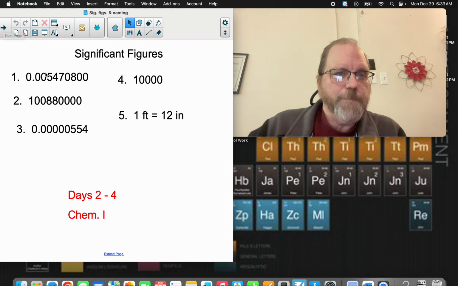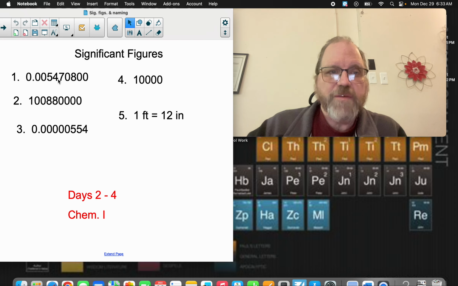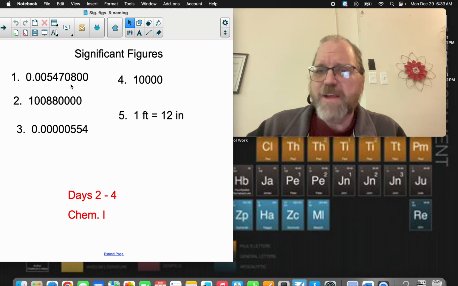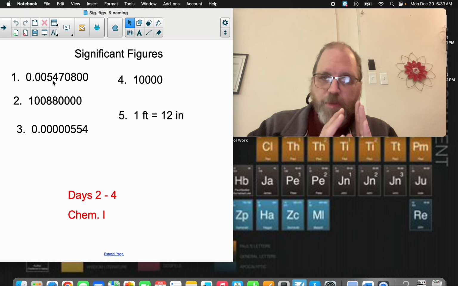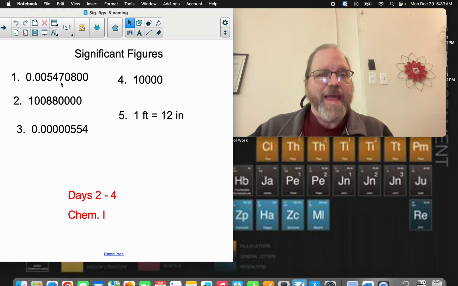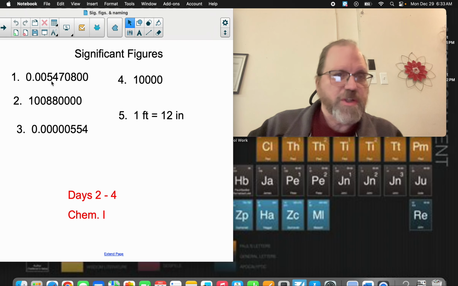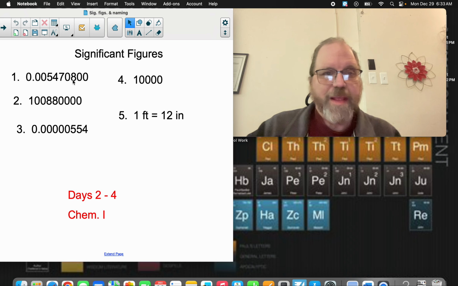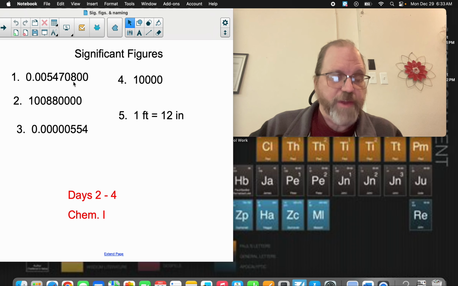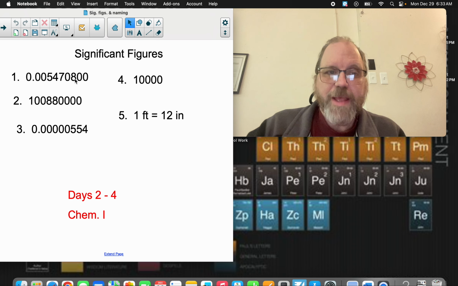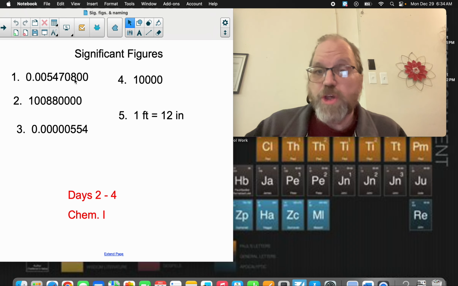The first number here, I have 0.005470800. How many sig figs do I have? Well, the rules state that any non-zero is significant. So I have the 5, the 4, the 7, the 8. Those 4 are definitely significant. The 0 here is between significant numbers, so it's significant. And these 2 zeros are after a number and after a decimal, so they're showing exactness.